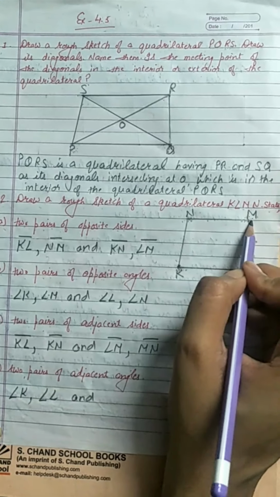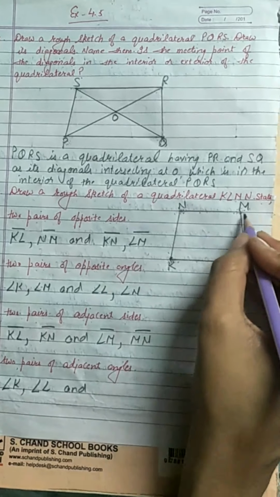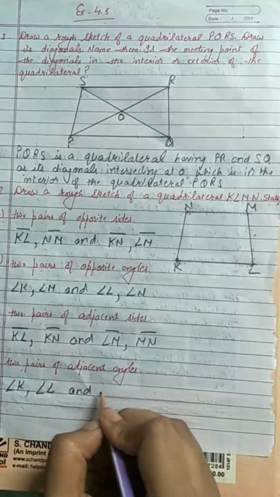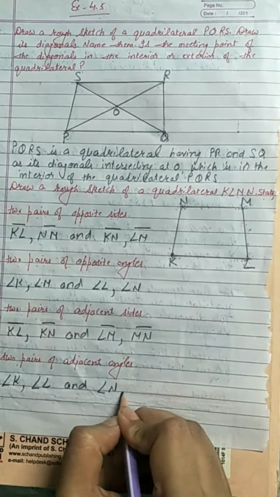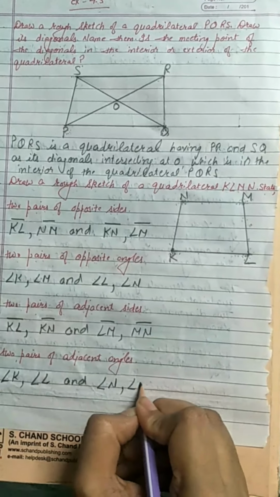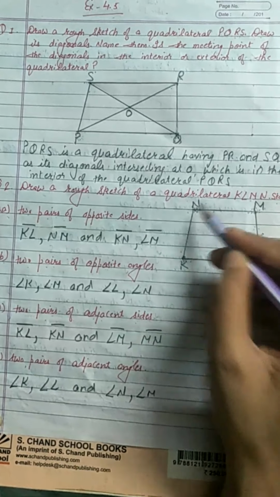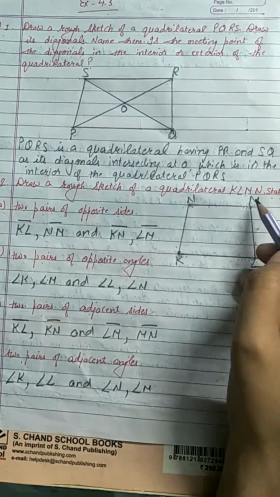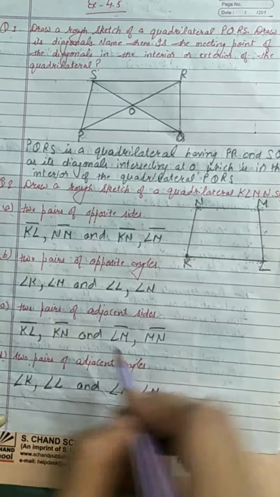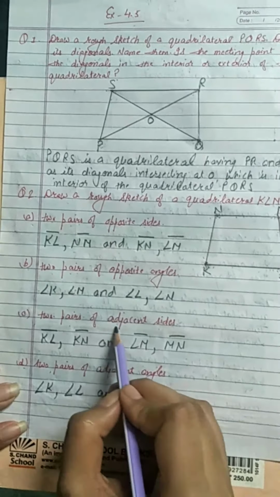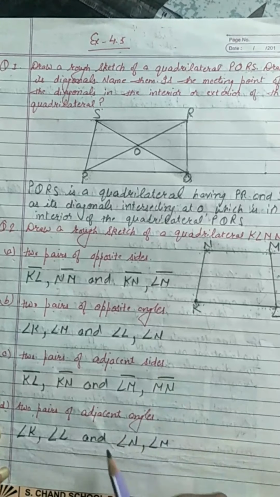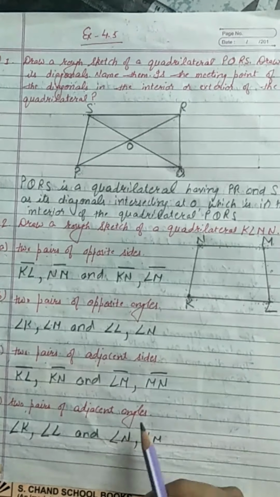So angle N and angle M are adjacent angles. Similarly, you can write angle K and angle N also. Angle L and angle M also. So in this way, you can write two pairs of adjacent sides and two pairs of adjacent angles.